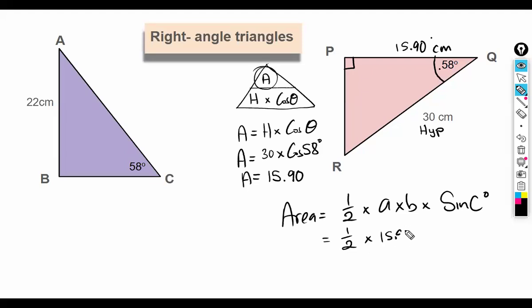The two sides are 15.90 and the hypotenuse, which is 30, and the angle in between is 58. Let's go: 0.5 multiplied by 15.90 multiplied by 30 multiplied by sine 58 is 202.26 centimeters squared.